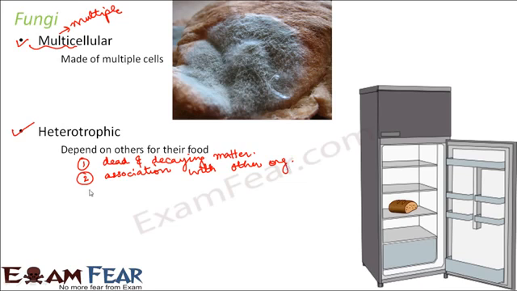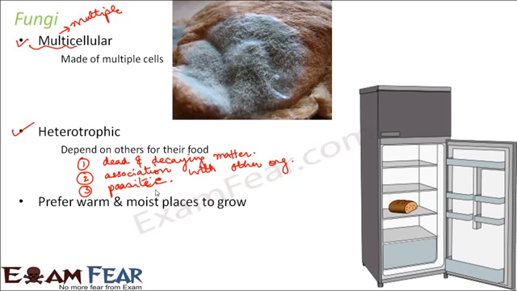And the third scenario is, it can also be parasitic. That means it lives inside the body of another animal and gets its food from that animal, and at the same time it will cause disease to that animal. So fungi can also be parasitic in nature. So these are some of the ways by which fungi obtain their food.